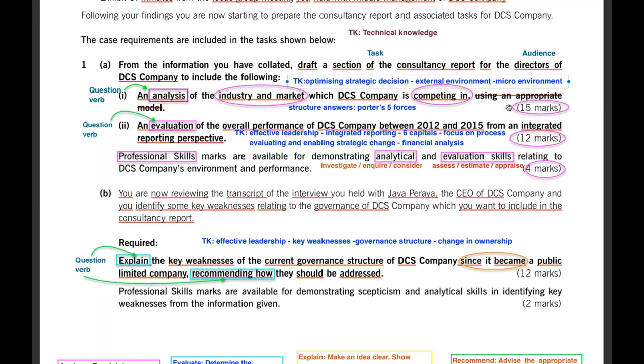But I would like to have a buffer, because my mother tongue is not English, it's Malay. When we write, we might not be able to express our ideas clearly, so we might not get marks for certain points. So to make sure you will still be able to pass, let's target 2/3 out of your 15 marks. So 2/3 out of 15, definitely you will pass.